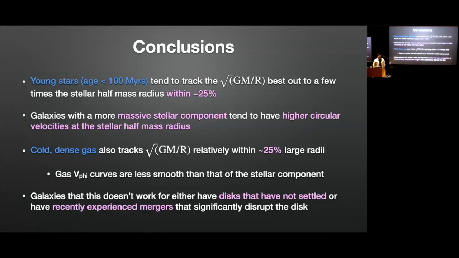Hi, Francisco. Very nice talk. I had two questions. The first one is about the fact that you saw that the young stars tend to track the circular velocity curve the best. Is that because the old stars are born in radial orbits mostly, or do their orbits become radial over time? That's a good question.